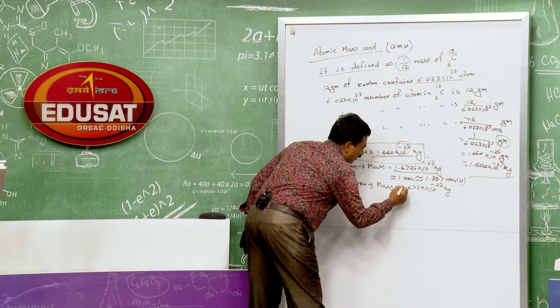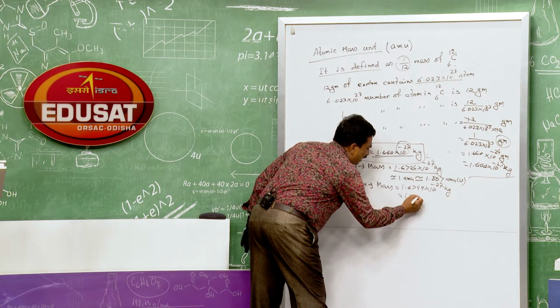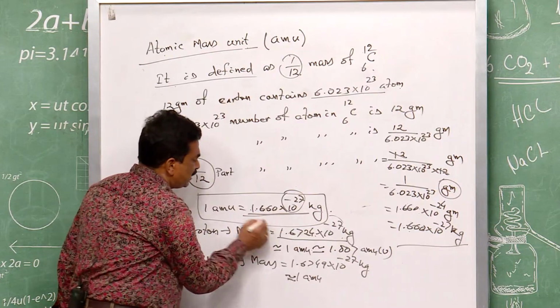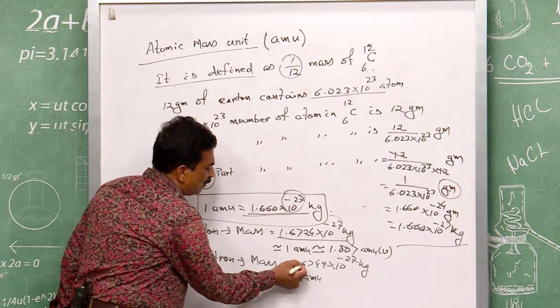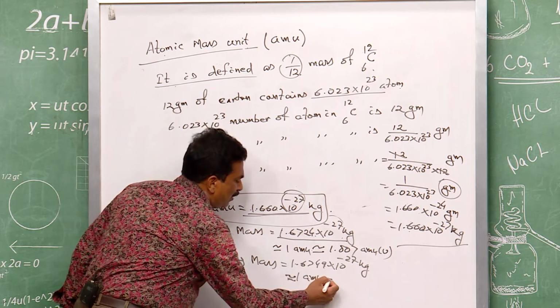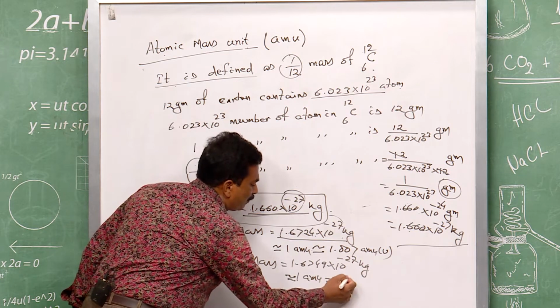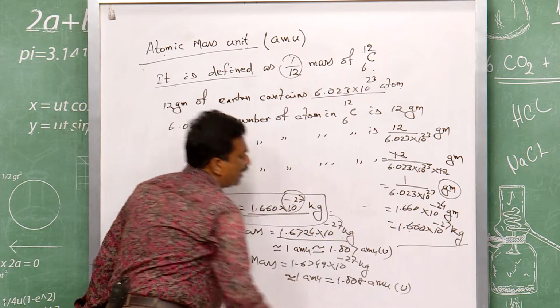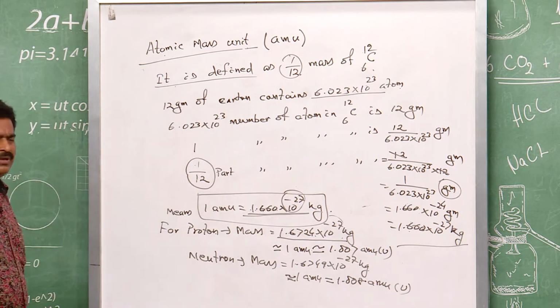So that is approximately 1 AMU. You see, this is 1.660, this is 1.6749. So this is approximately 1 AMU, meaning this is equal to 1.008 AMU, or you can write it as U.